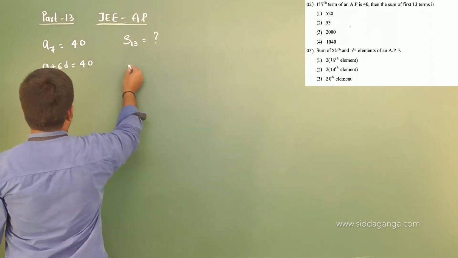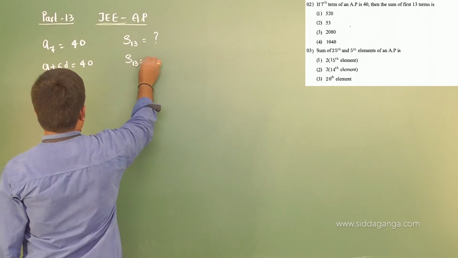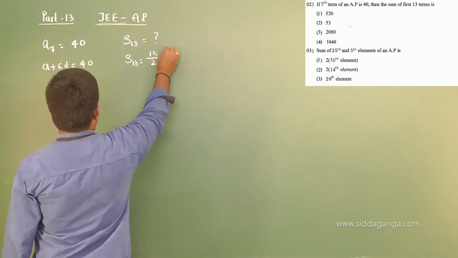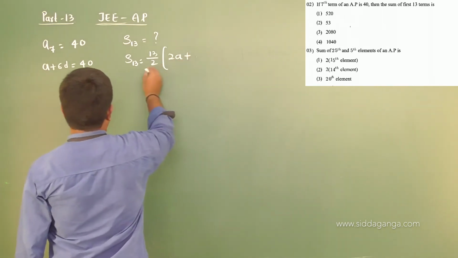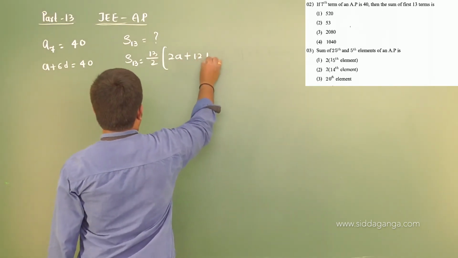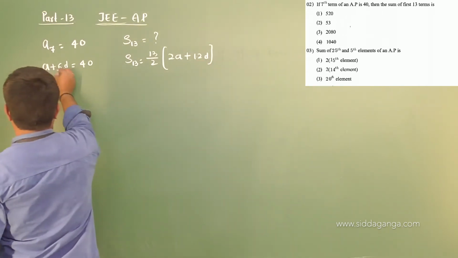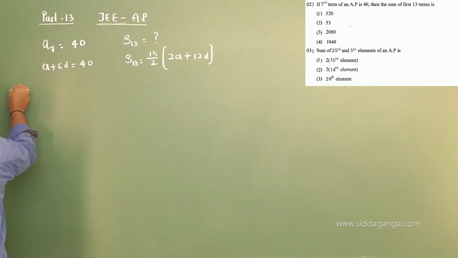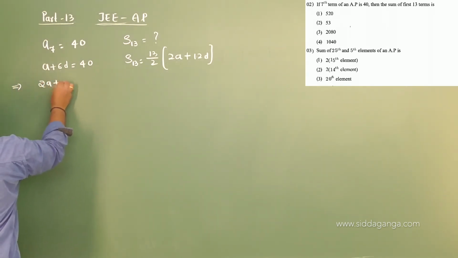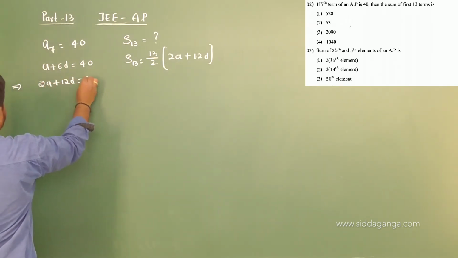What is the sum of 13 terms? The sum of 13 terms is equal to n by 2 into 2a plus n minus 1 into d, that is 13 by 2 into 2a plus 12d. Observe here we have a plus 6d, and here we have 2a plus 12d. Let us multiply 2 on both sides, and you get 2a plus 12d is equal to 80.